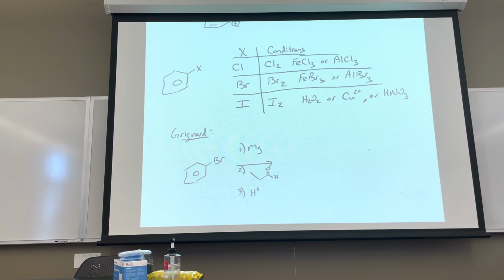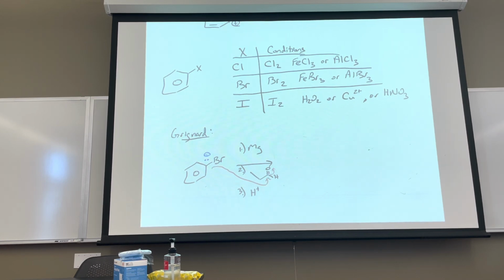And if you recall, mechanistically the way this works is the addition of the magnesium causes wherever the halogen is to essentially become a carbanion. So it makes the carbon-based species into a carbanion nucleophile, which is then going to go and attack the carbonyl.